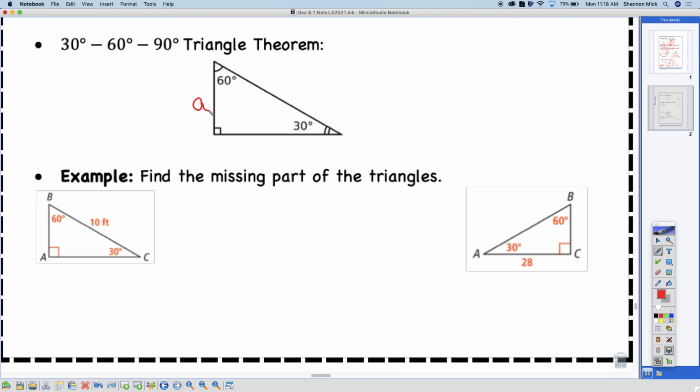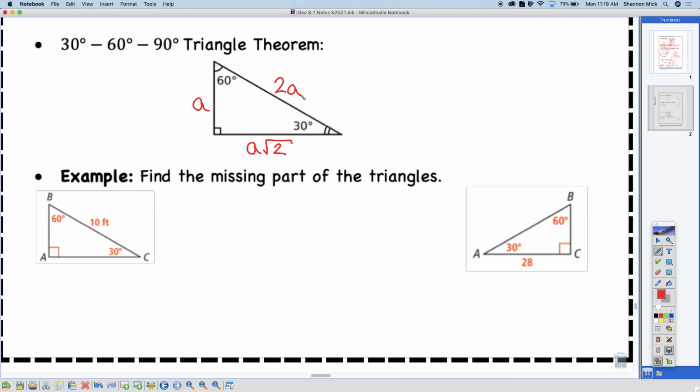This is 1A, isn't it? So I have to know the A, I have to know 30 to get 60, don't I? And then across from 90 is 2A.